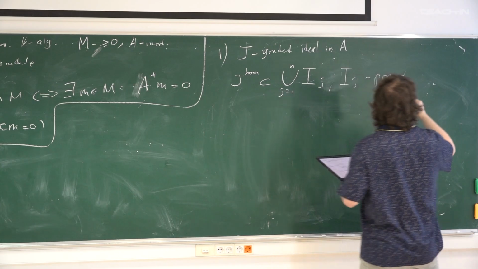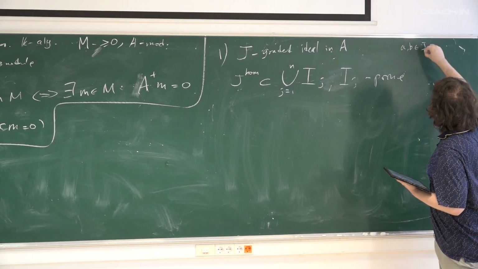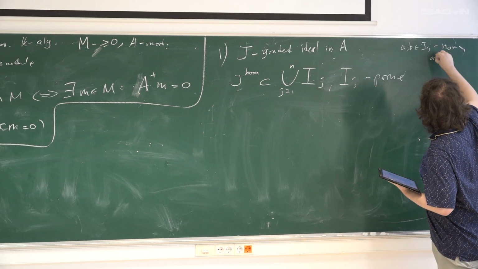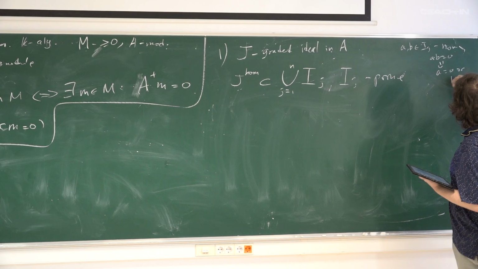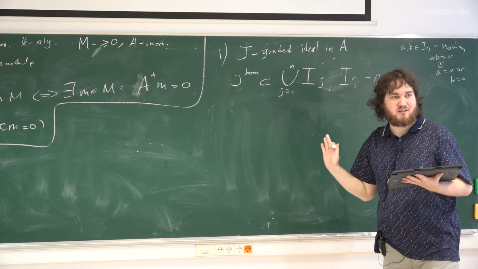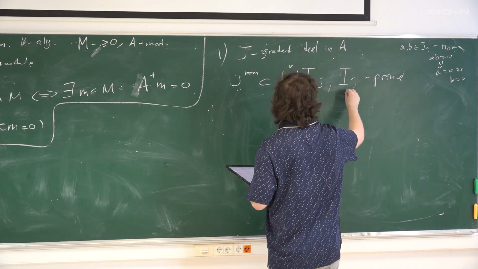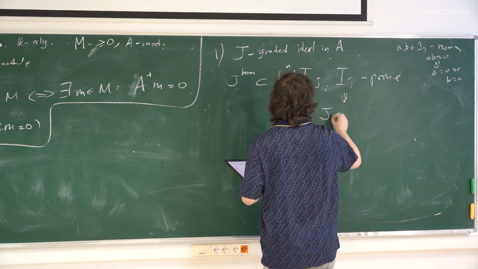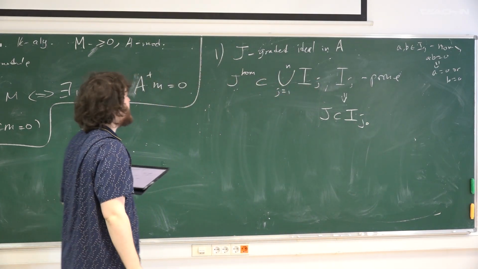So this means that if a and b are homogeneous elements such that ab is 0, then one of them is 0. It's a notion in the graded sense. Then, in fact, J lies in one of these ideals.